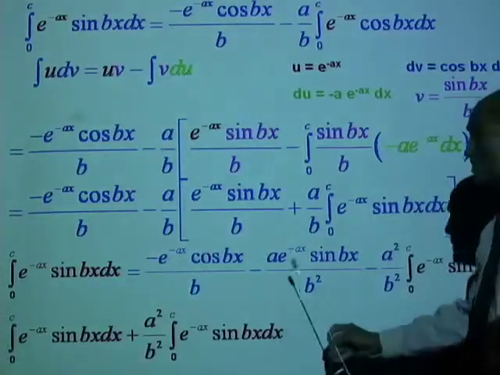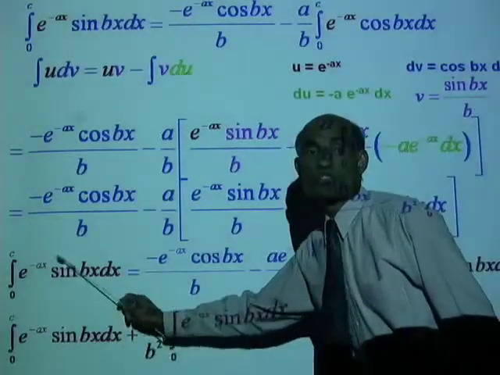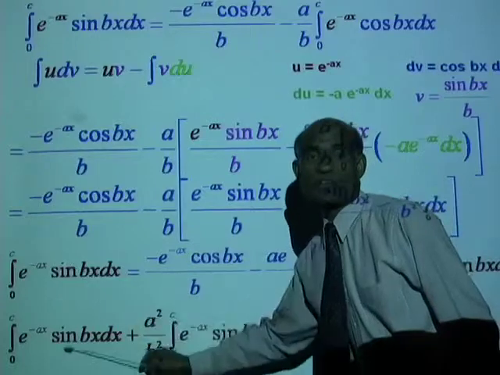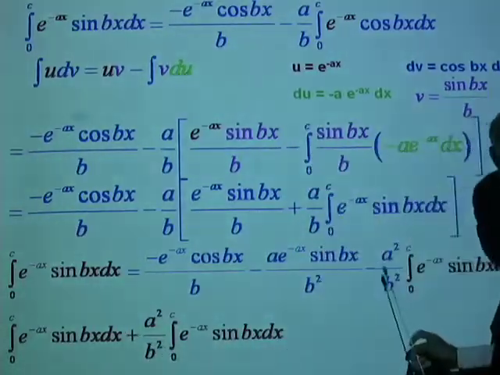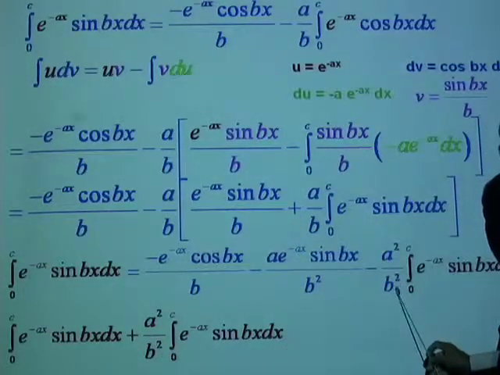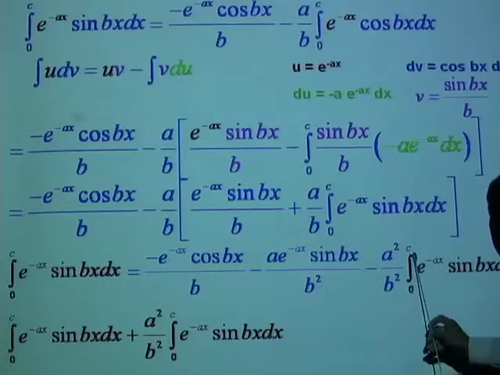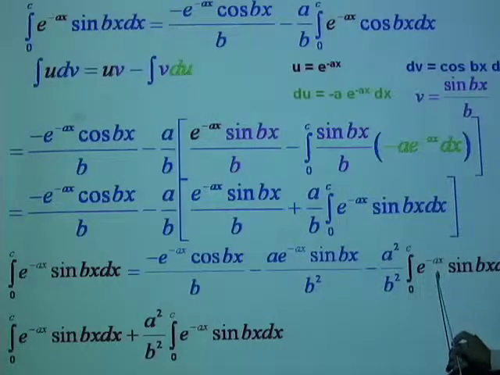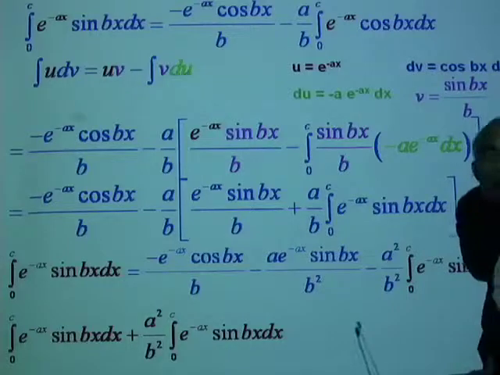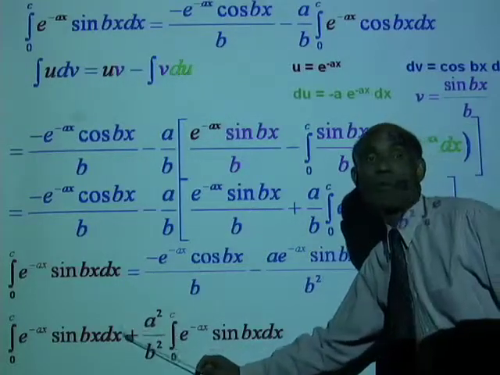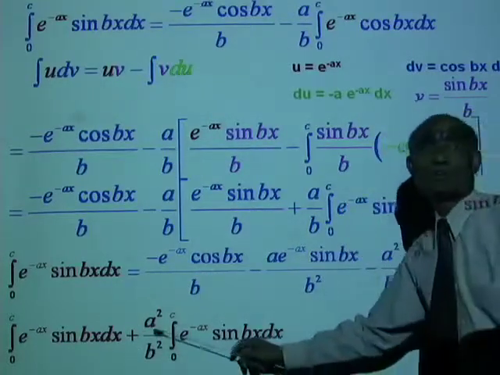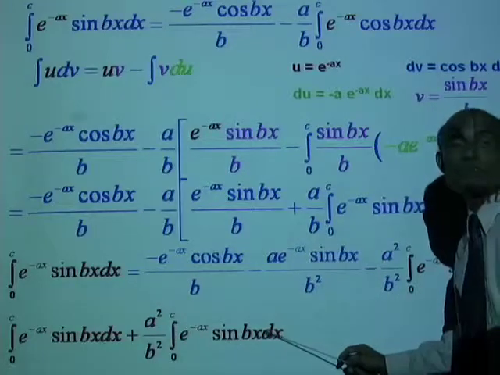Let's do that. So what I did is, this is the left hand side there, and I moved negative a squared over b squared integral 0 to c e to the negative ax sine bx dx to the left hand side. It became positive a squared over b squared, same integral.